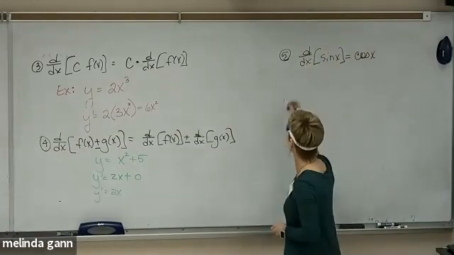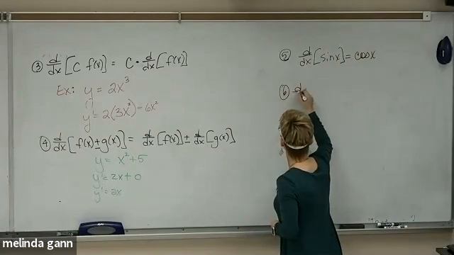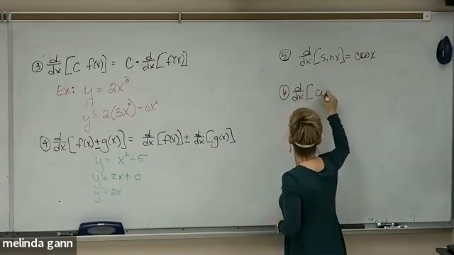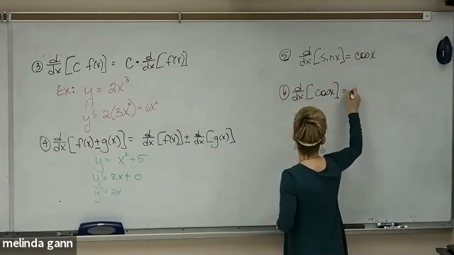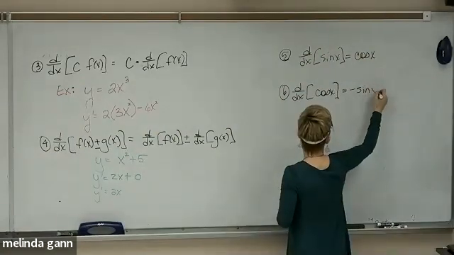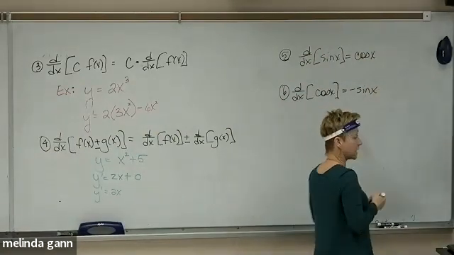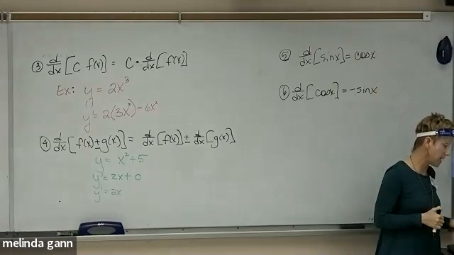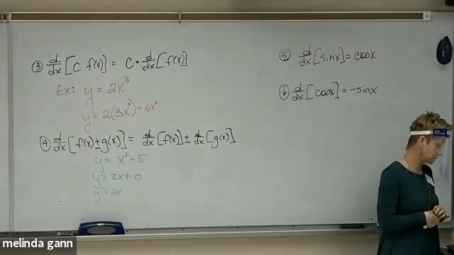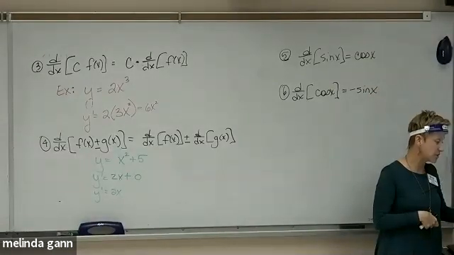And if you take the derivative of cosine x, you get negative sine x. Now, when it comes to trig, you're really better off memorizing them. So that's kind of your first set of derivative rules.